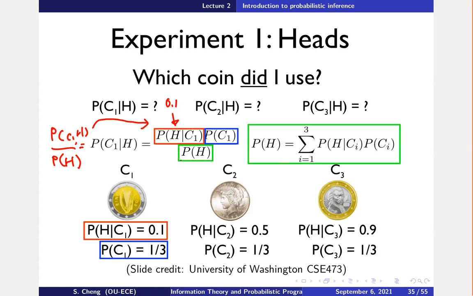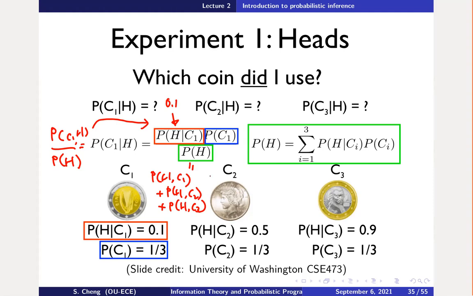So P(H) will be equal to, again as a review of last time, we can do marginalization. This P(H) can be equal to the sum over i of P(H, Ci). Let me just write these three terms here instead: P(H, C1) plus P(H, C2) plus P(H, C3). All we did here is marginalization.